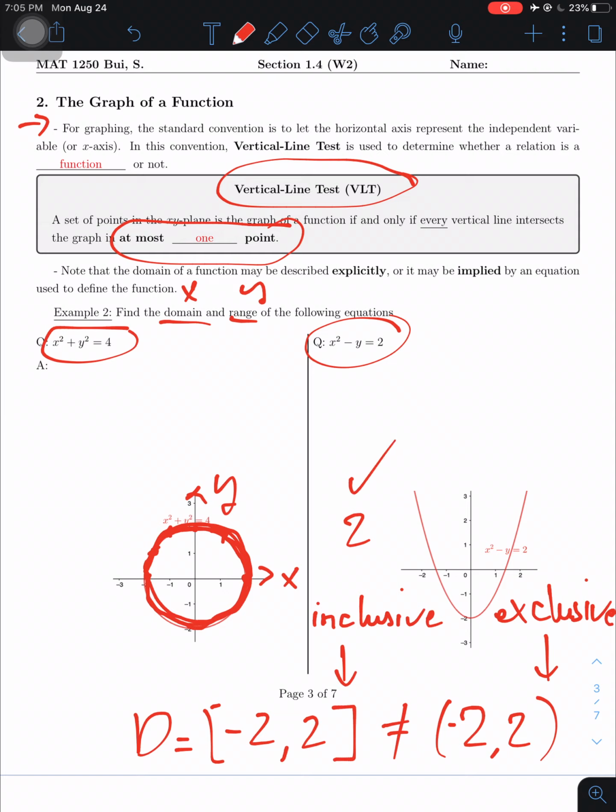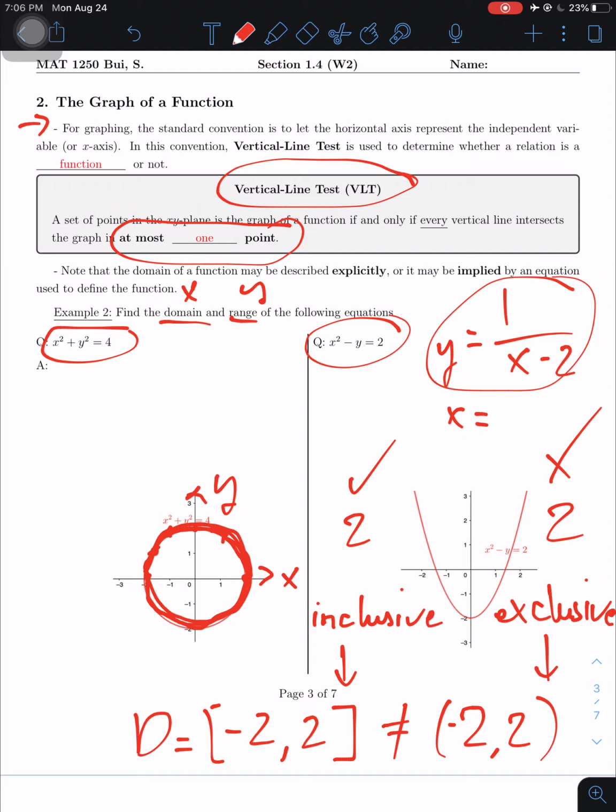Exclusive means that you don't have a 2, so this one, exit out. If you remember the function I told you, y equals 1 divided by x minus 2, for this equation you don't have 2. So for 2, you exit out. This is not a part of your domain.